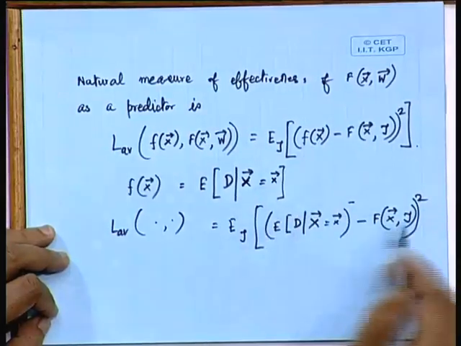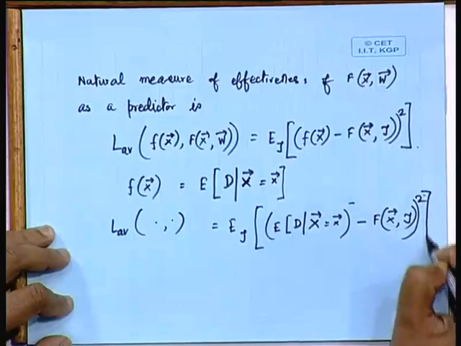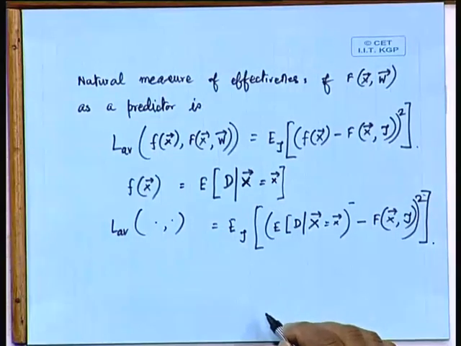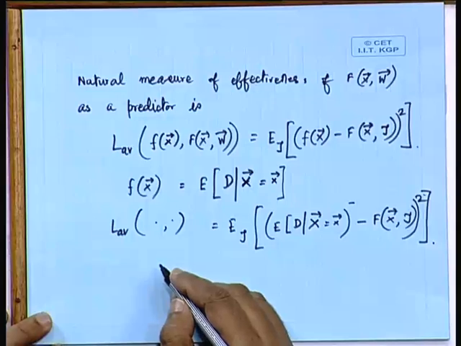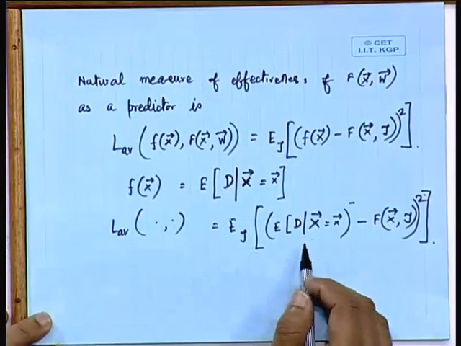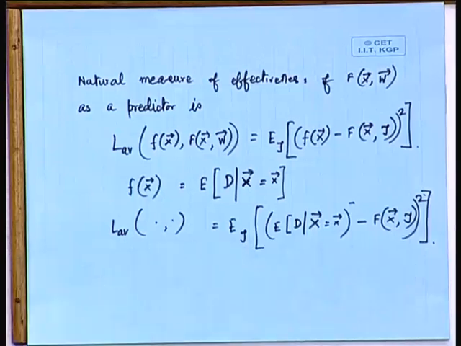So, simply f(x) being replaced by this, nothing else. Now, this is the average value of the estimation error between the regression function and the approximating function evaluated over the entire training set T.